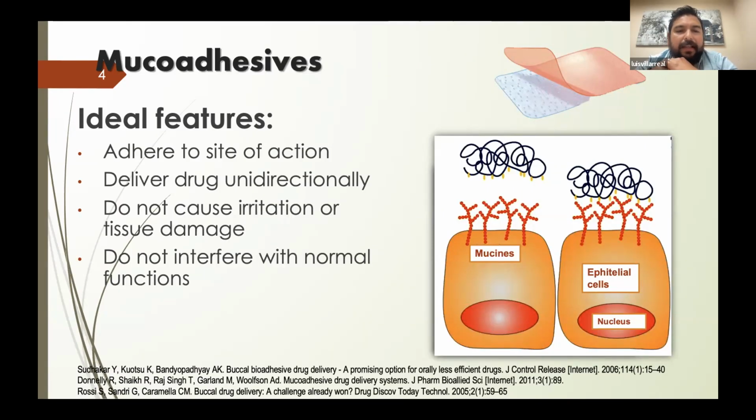They do not cause any irritation or tissue damage and do not interfere with normal functions. These are the main properties of the mucoadhesive for oral release of drugs. The idea is that our mucoadhesives stick or interact with mucins, which are proteins located in the epithelial cells in the oral cavity.